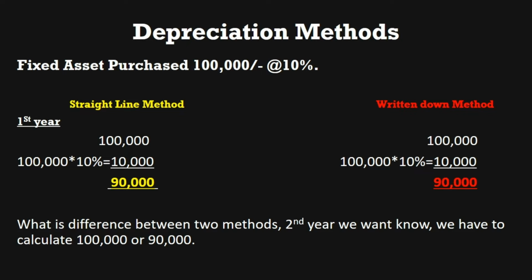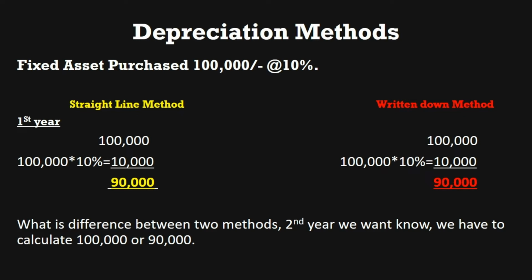So it will come to 10,000 for the first year. The written down method is the same thing: 100,000 at 10% comes to 10,000. So 90,000 remains after the first year, and it does not change in either method, correct? So what is the difference between the two methods? In the second year we have to decide whether to calculate on 100,000 or 90,000.